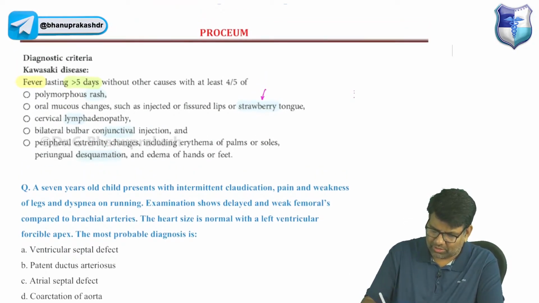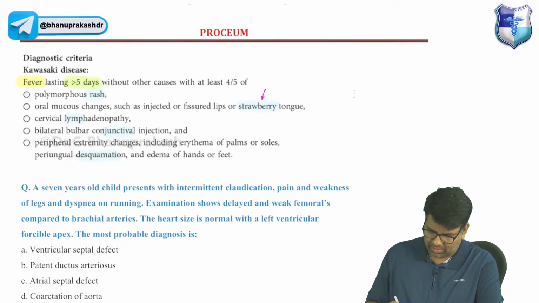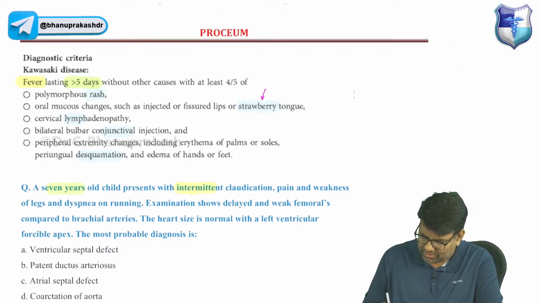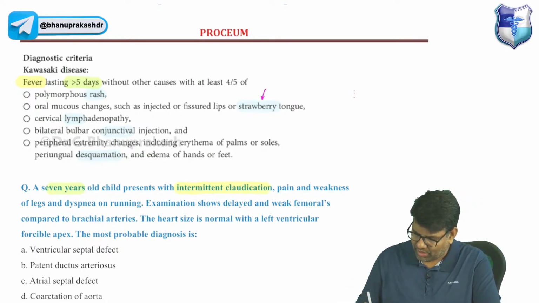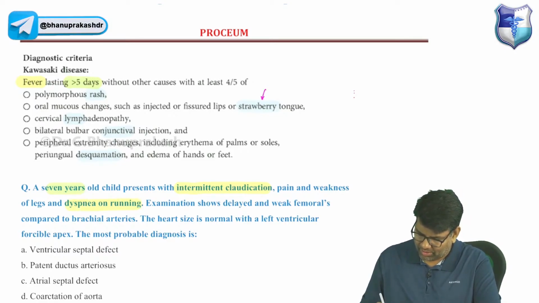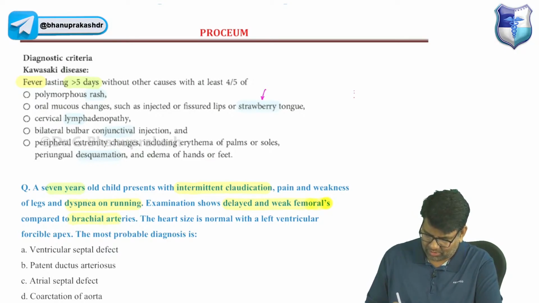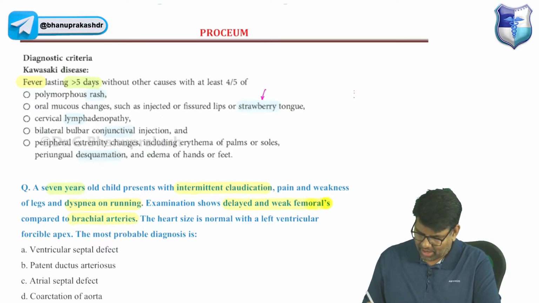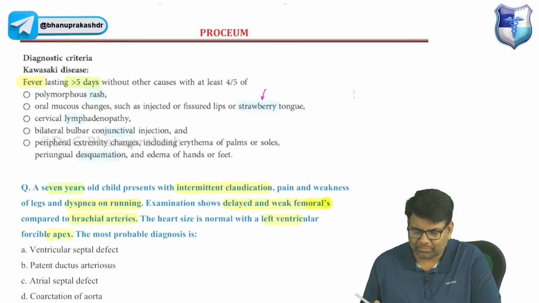Now, next question. A 7-year-old child presents with intermittent claudication, pain and weakness of leg, and dyspnea on exertion. There is delayed and weak femorals as compared to the brachial arteries, and there is a forcible left ventricular apex.